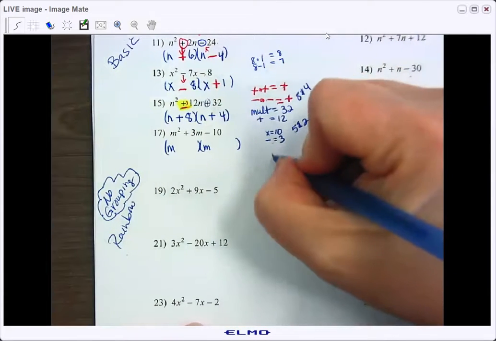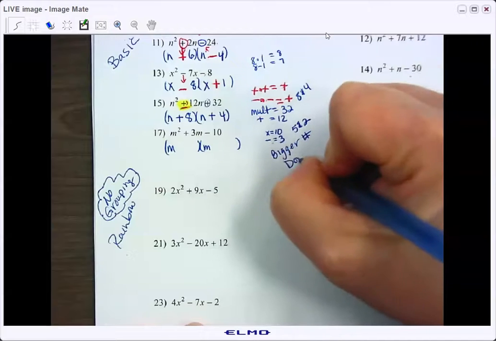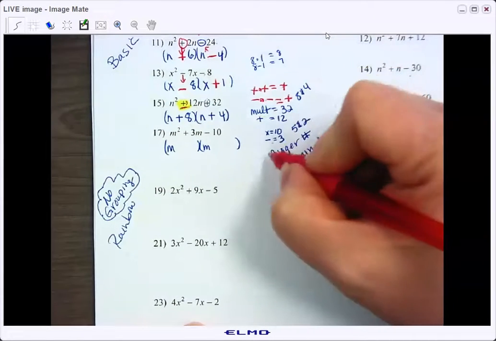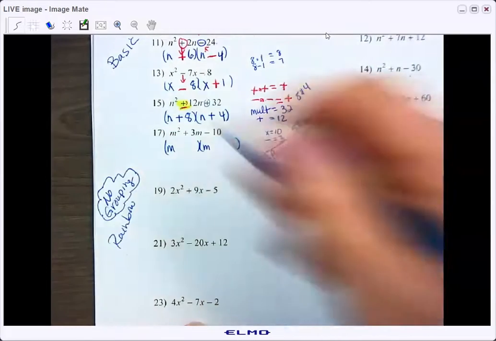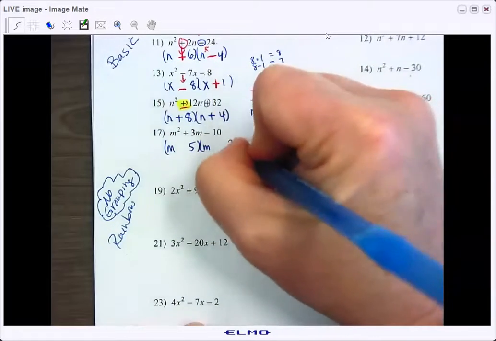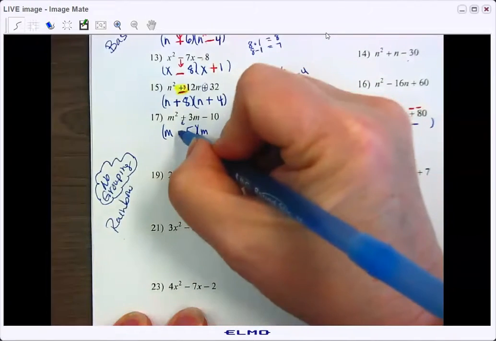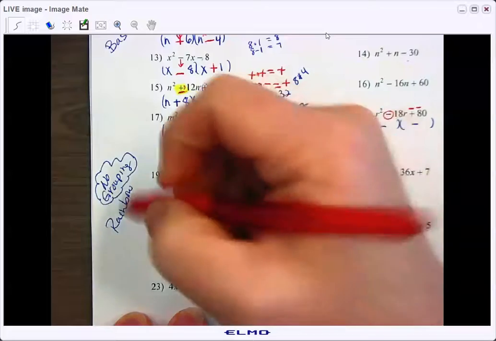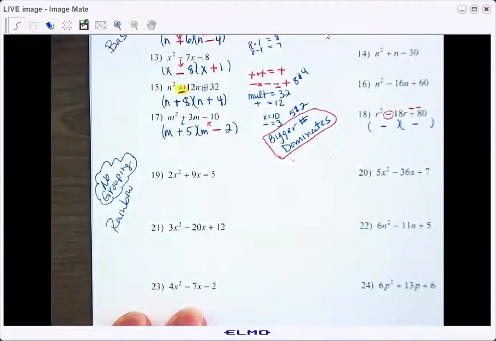So bigger number, I'll write it down, dominates. So I'm going to put the 5 and then the 2. And because the bigger number dominates, I'm going to bring down my plus. And plus times negative gives me negative.